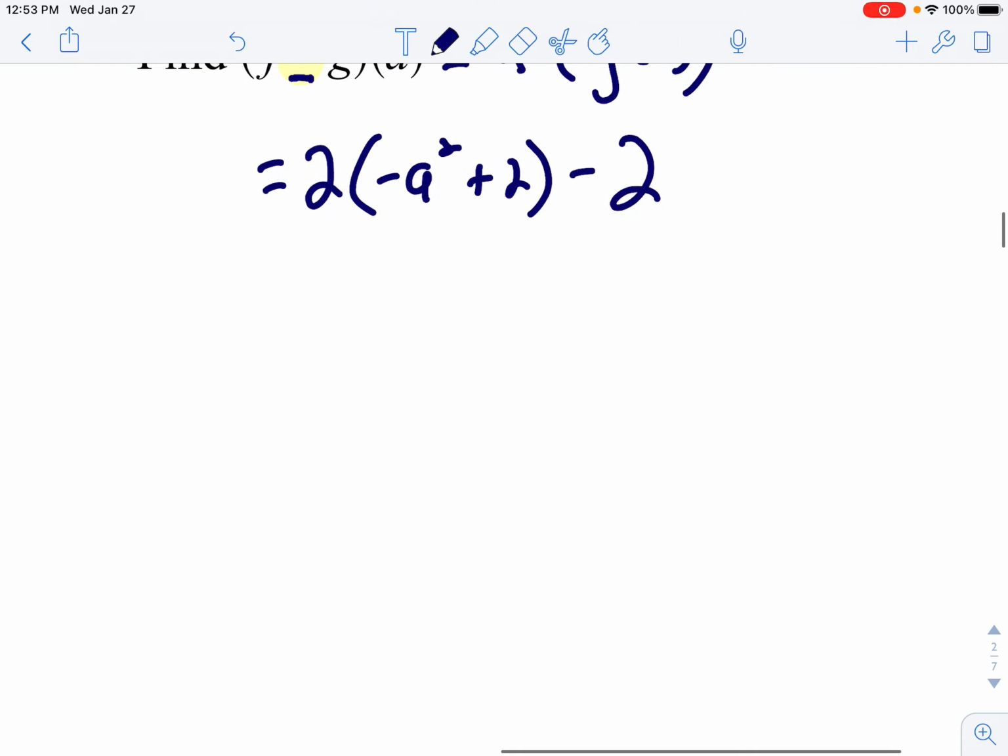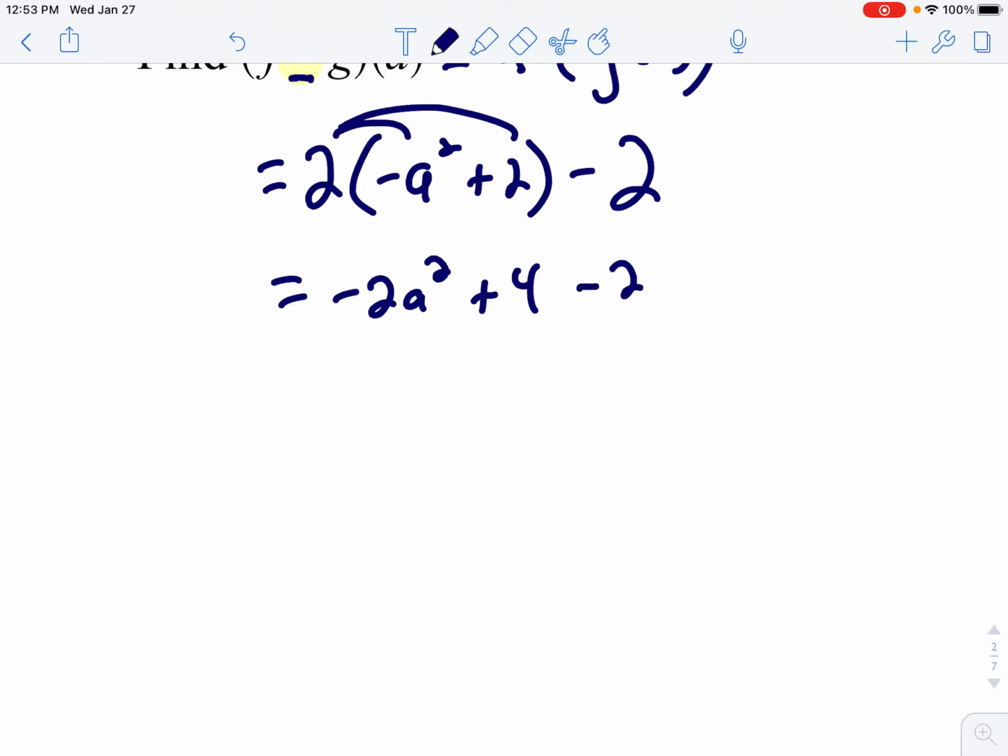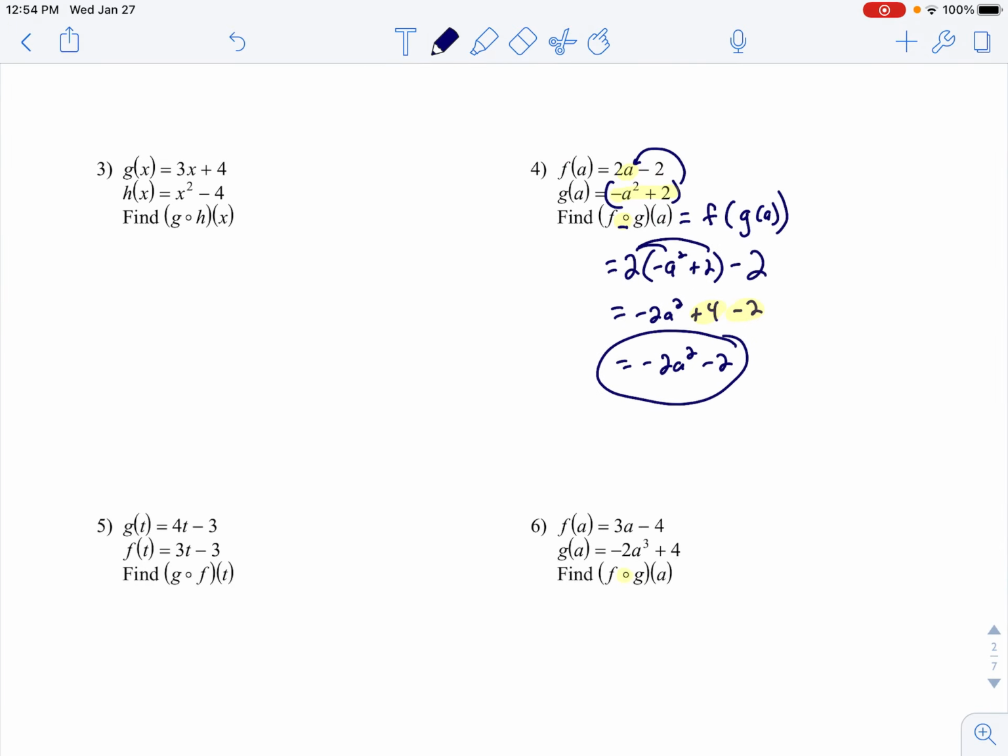Once you've done that, it's just a matter of simplifying. That can be distributive property, negative 2a squared plus 4 minus 2. It could also include combining like terms, negative 2a squared plus 2. Once you've simplified completely, that ought to be your answer.